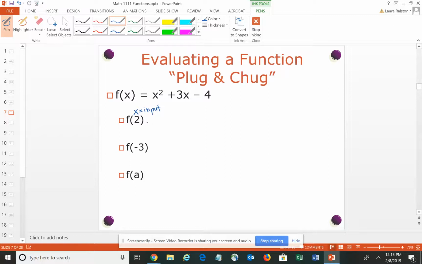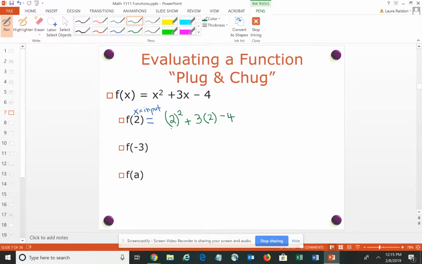So I'm going to substitute 2 into the function wherever there is an x. So I would have 2 squared plus 3 times 2 minus 4, and then you do the math.